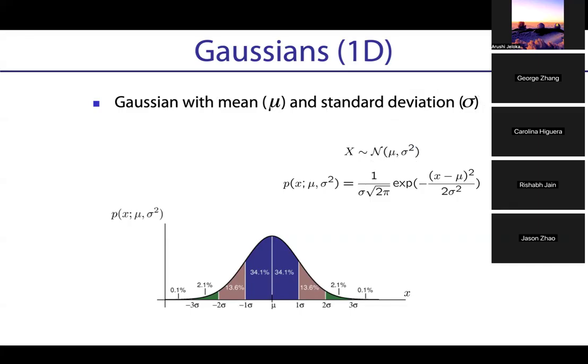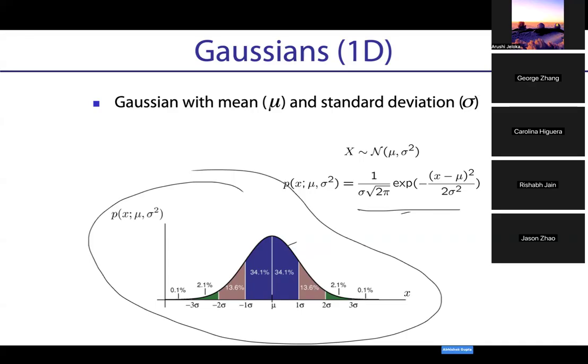And the likelihood is represented as 1 over square root 2 pi sigma, exponential of negative x minus mu the whole squared over 2 sigma squared. This looks like a bell curve. You can think of the bell curve as being centered around mu, and the variance determines the width of the bell curve.